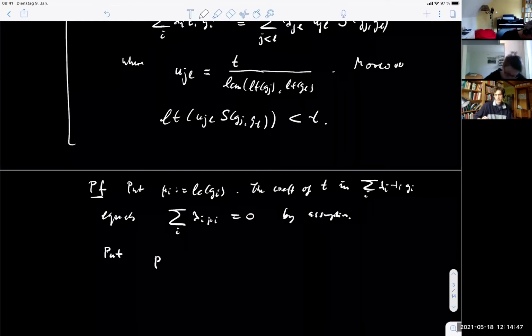Let's introduce the polynomial P I. I have T I G I and I divide by mu I so that the leading coefficient becomes 1. So this looks like T plus lower order terms.